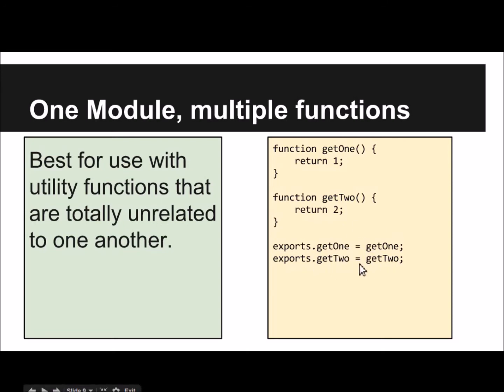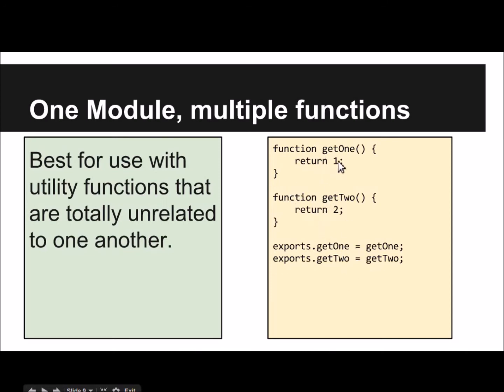Now this particular module exports two functions, one called get1, one called get2. This type of syntax is usually best for situations in which you've got a bunch of utilities put together, okay? So when you've got a bunch of utilities, the best way to put them into a single module is with this technique.